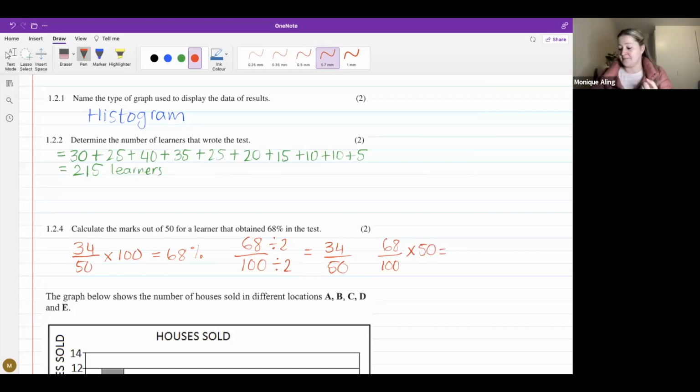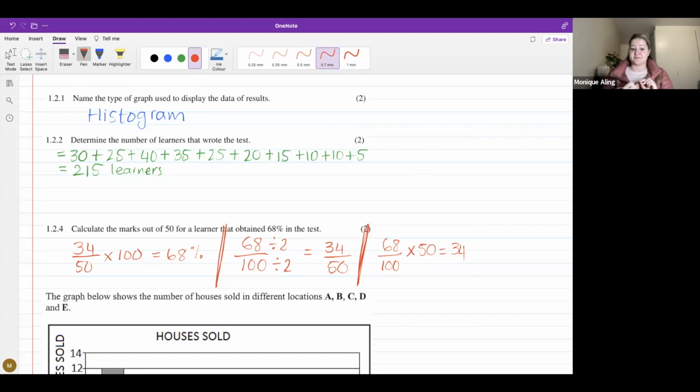And that gives you 34. So there are 3 ways you can do it. Trial and error, or you could put it into percentage form, get your denominator to what you need it to be, and then you do the same thing to the numerator, or you take your percentage, put it in a fraction, and times by what mark you want it out of.